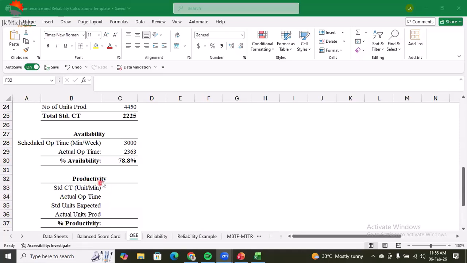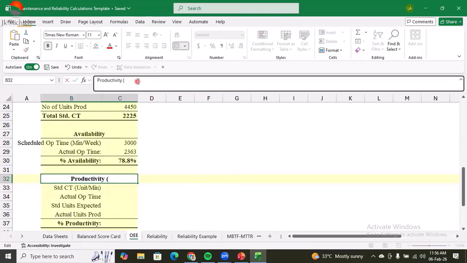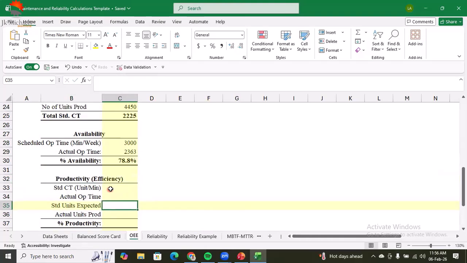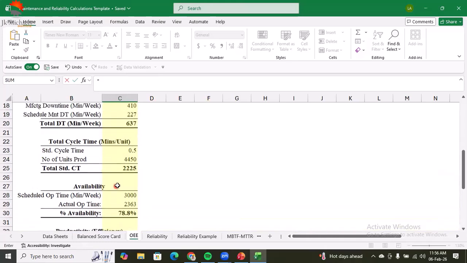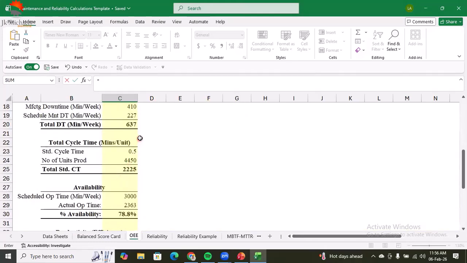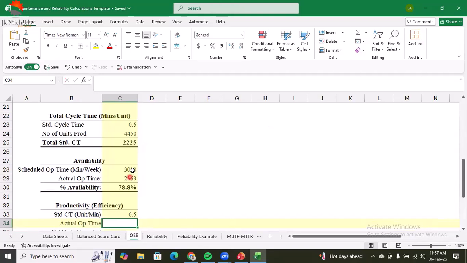Okay, let's determine our productivity, let me put a bracket in case your brain keeps saying efficiency, but we're speaking the same language. Efficiency. All right, let's measure our efficiency. Now, the standard cycle time in units per minute, how many units we want to produce every minute, right?